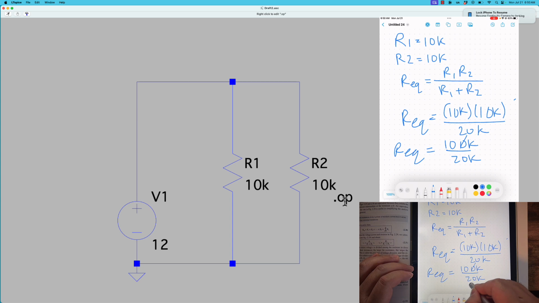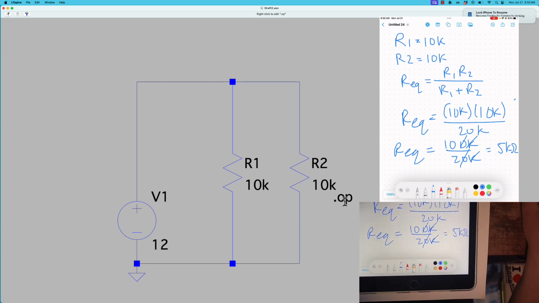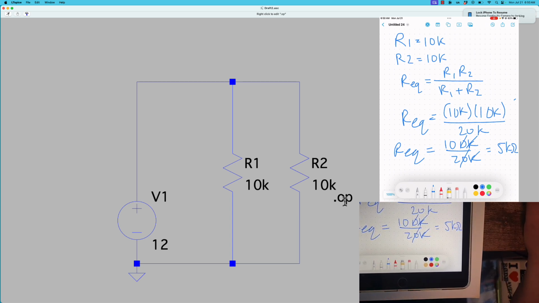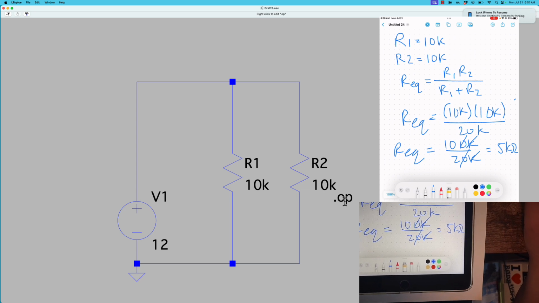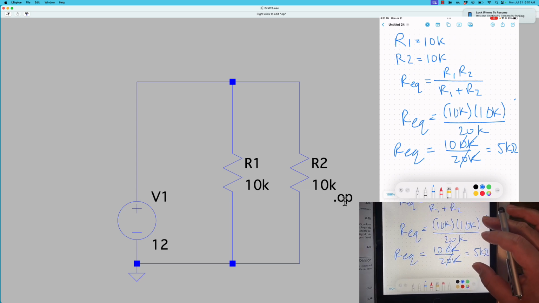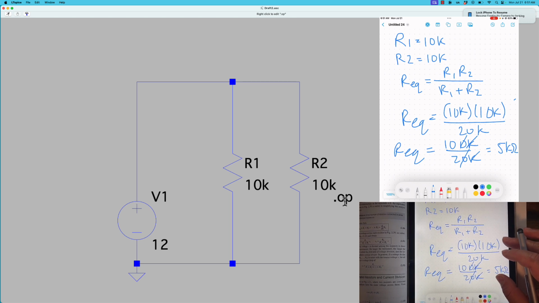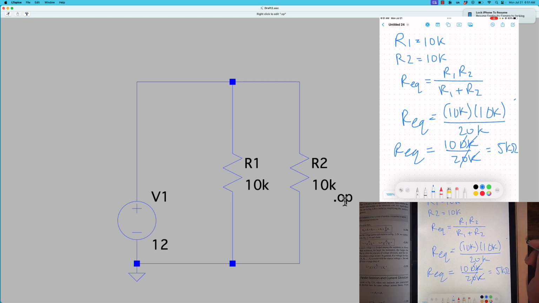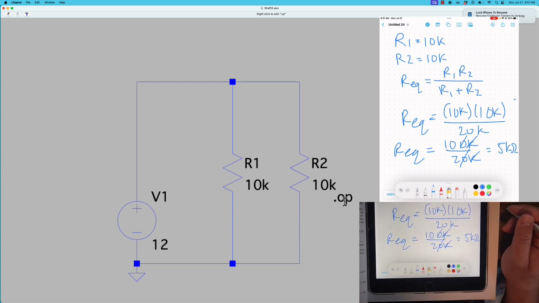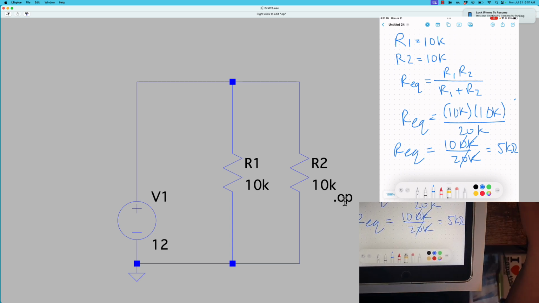And then the zeros go out. 10 divided by 2 is 5. 5K ohms, 5 kilo ohms. Yeah, that should be right. Or actually, no, it should be 5 ohms, or 5K. No, that's right.